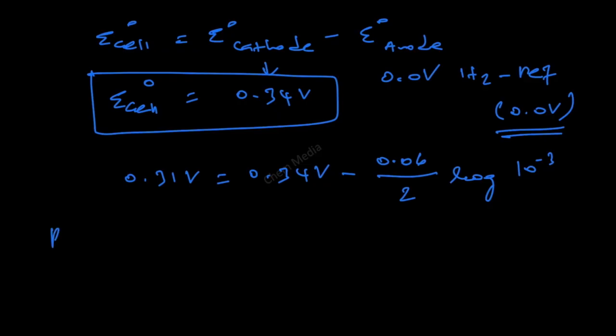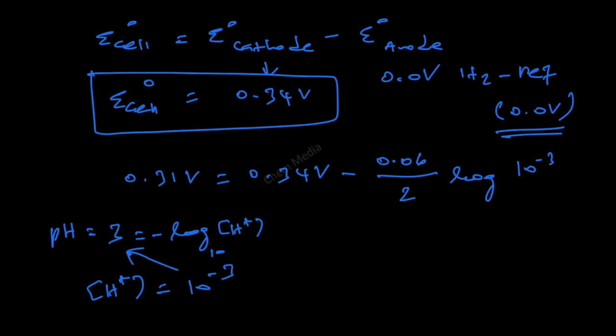Why? Because pH value was given as 3. We know that pH is equal to negative logarithm of H plus ion concentration. So therefore H plus ion concentration must be equal to 10 to the power minus 3, so that we can get the pH value as 3.